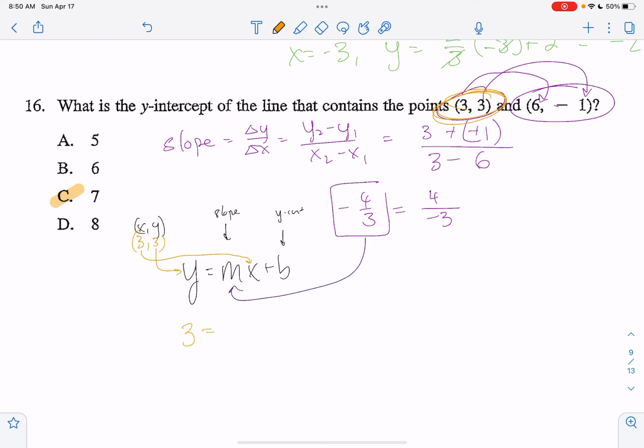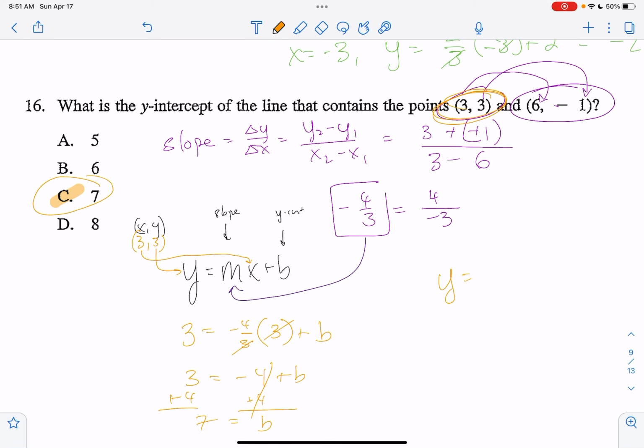So it'd be 3 is equal to -4/3 times 3 plus b. The 3 cancels out with the 3, so you have 3 is equal to -4 plus b. Add 4 to both sides, and you get the y-intercept b is equal to 7. The answer is choice C. The equation of the line will be y equals -4/3 x plus 7.